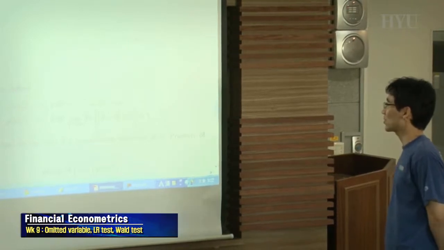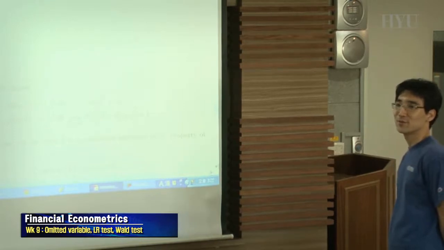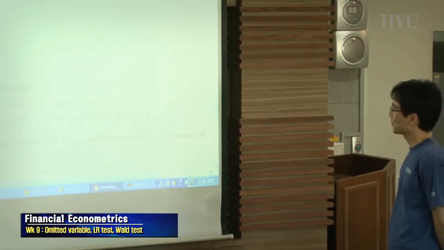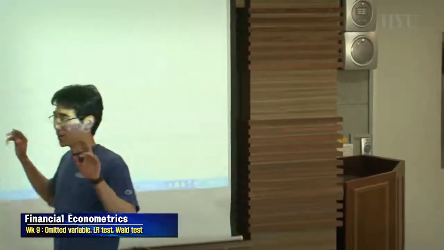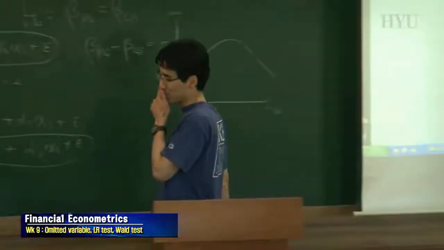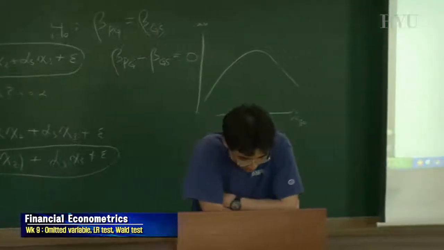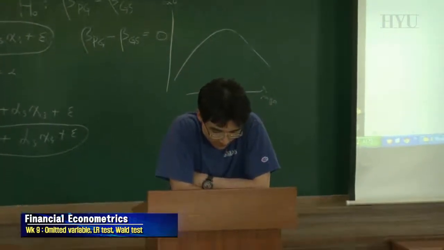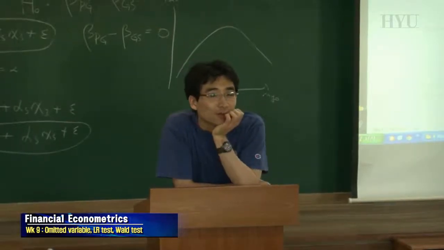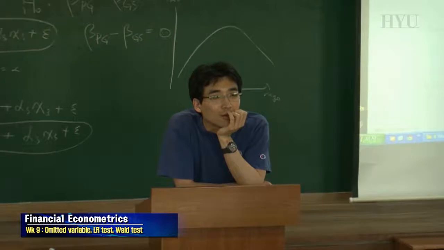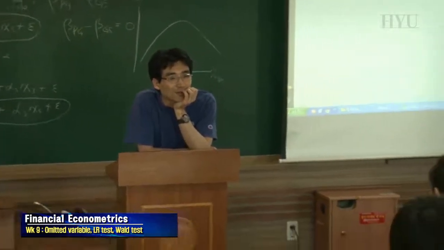So how is a consistent estimator different from an unbiased estimator? What is the definition of an unbiased estimator? Our OLS beta is an unbiased estimator, right? So what does that mean?